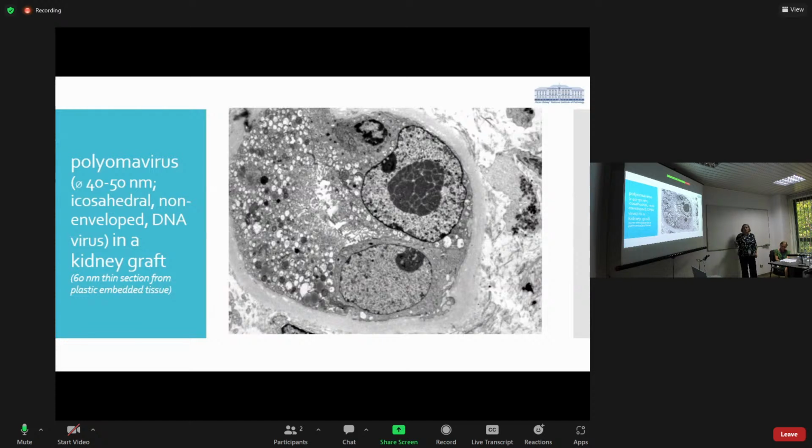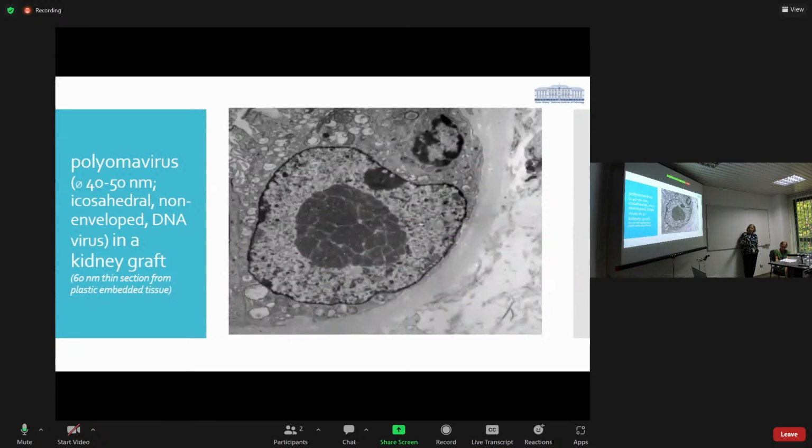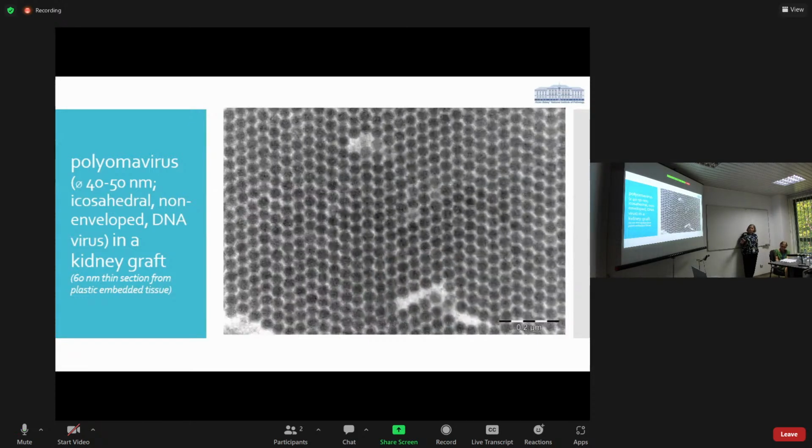Even quite benign polyomavirus, which can build some large nuclear inclusion, like this one here. If we enlarge the image, we can see the particular structure, and even closer, we can imagine, mostly in this transmission electron microscopy, the icosahedral symmetry of the virus.